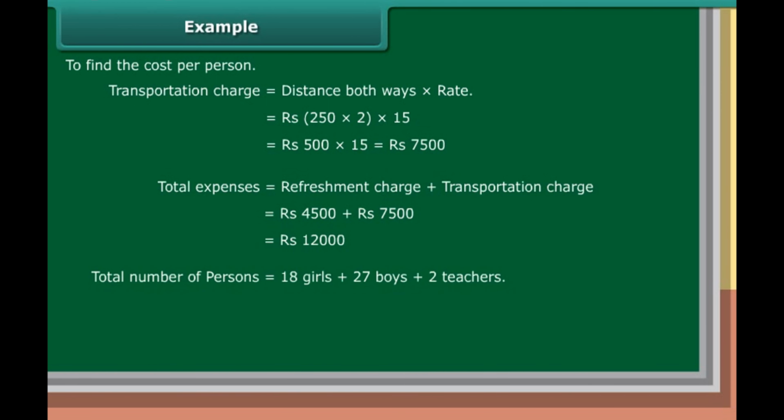Total number of persons is equal to 18 girls plus 27 boys plus 2 teachers, which is 47 persons. The amount spent for one person is equal to rupees 12,000 upon 47, which is approximately rupees 255.